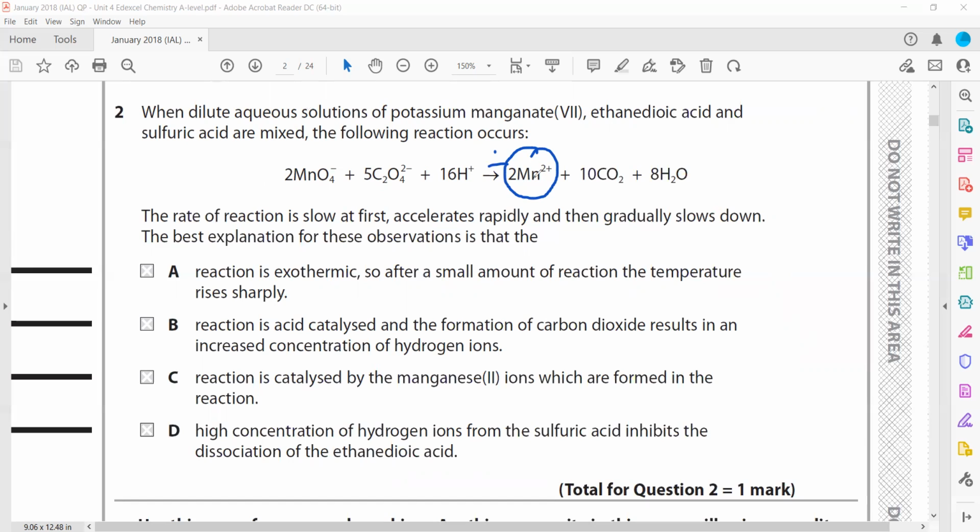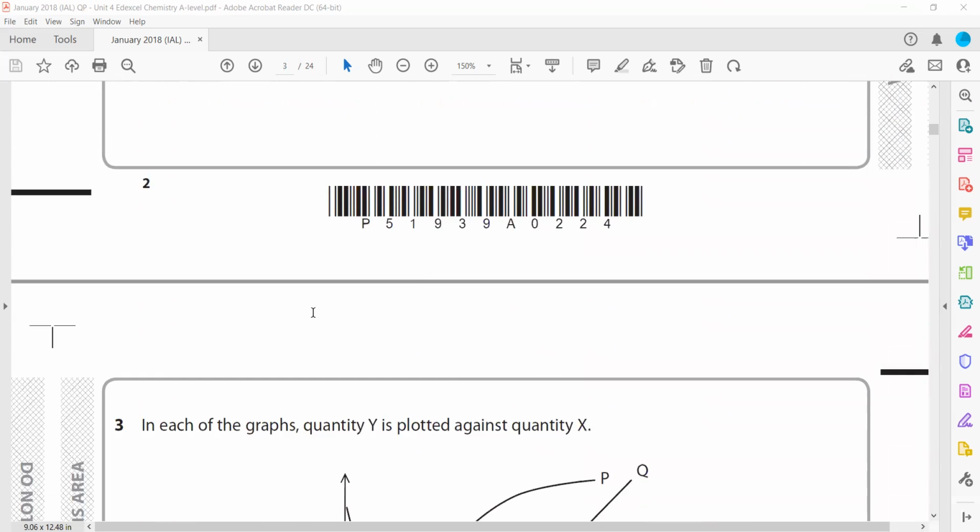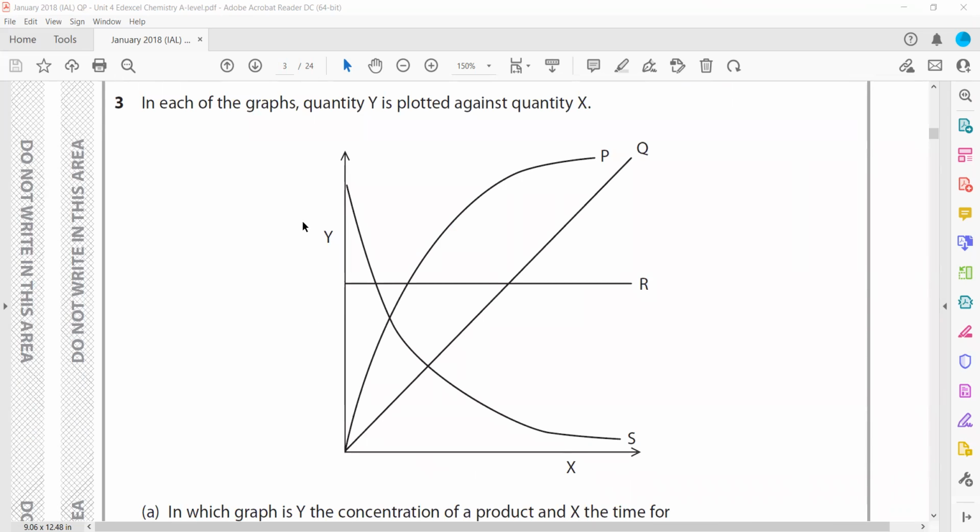So in the beginning we don't have Mn2+, that's why the reaction is slower. But with the passage of time, the reaction is catalyzed by manganese(II) ions as they form. That's why the reaction speeds up. So in the beginning it is slower, but with the passage of time, it increases.